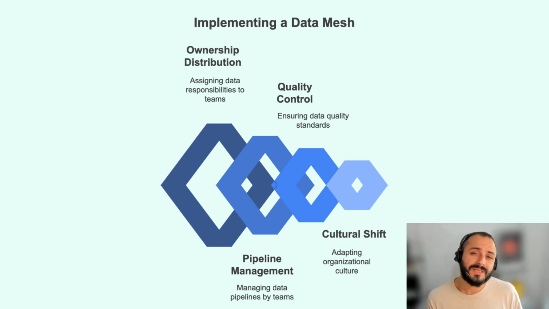This approach is meant to reduce bottlenecks by empowering the teams who actually understand the data the best. However, implementing a data mesh is easier said than done. It requires not just technology shifts, but also organizational and cultural changes.